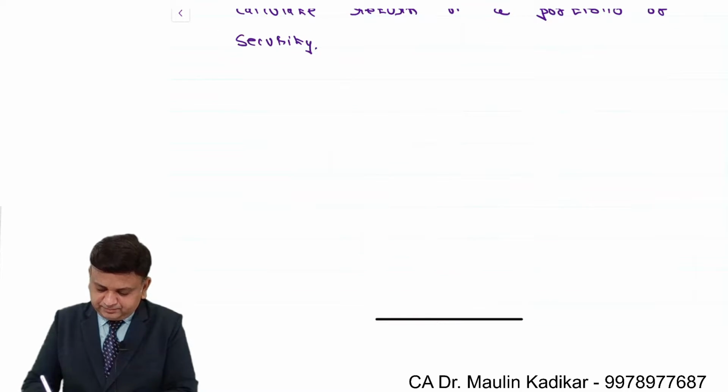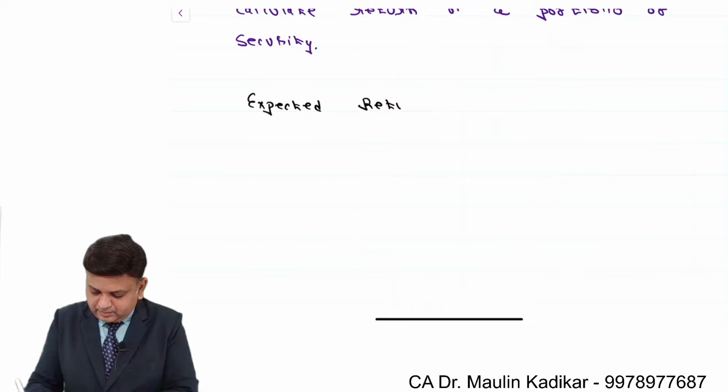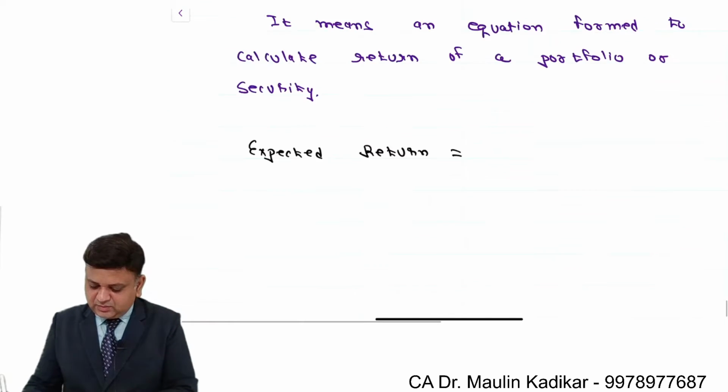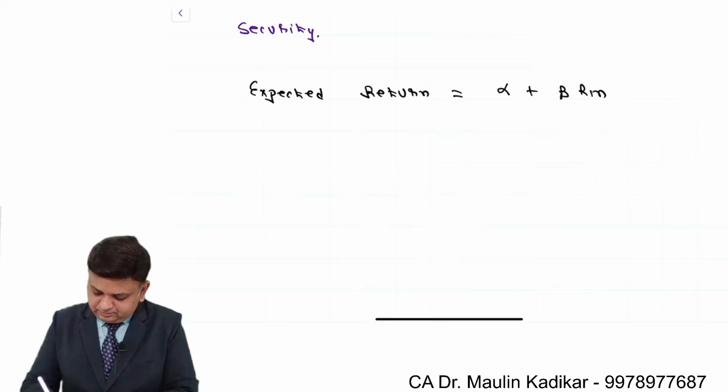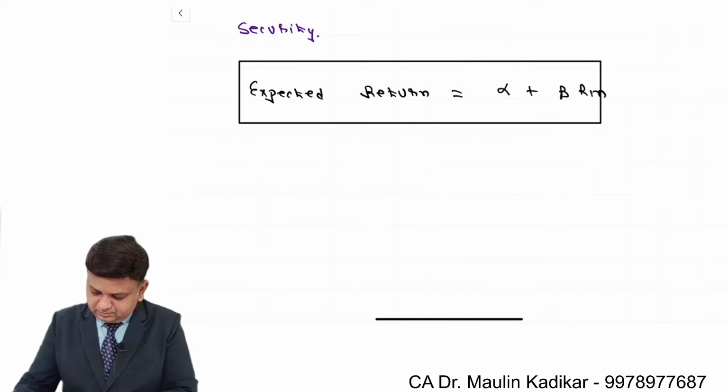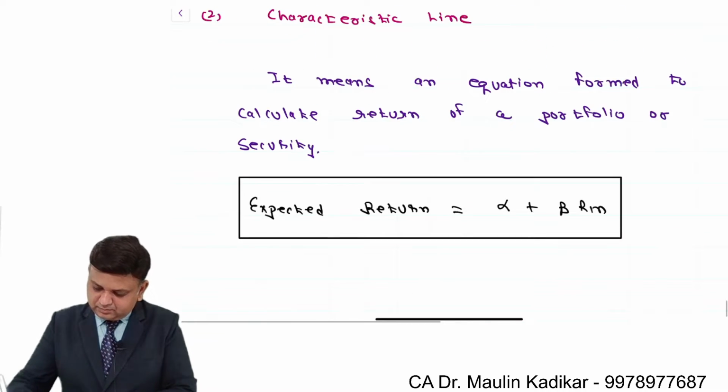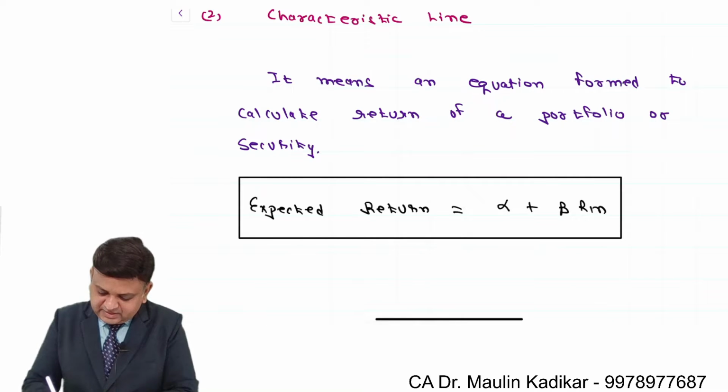In that, expected return is equal to alpha plus beta Rm. Make this as first point.